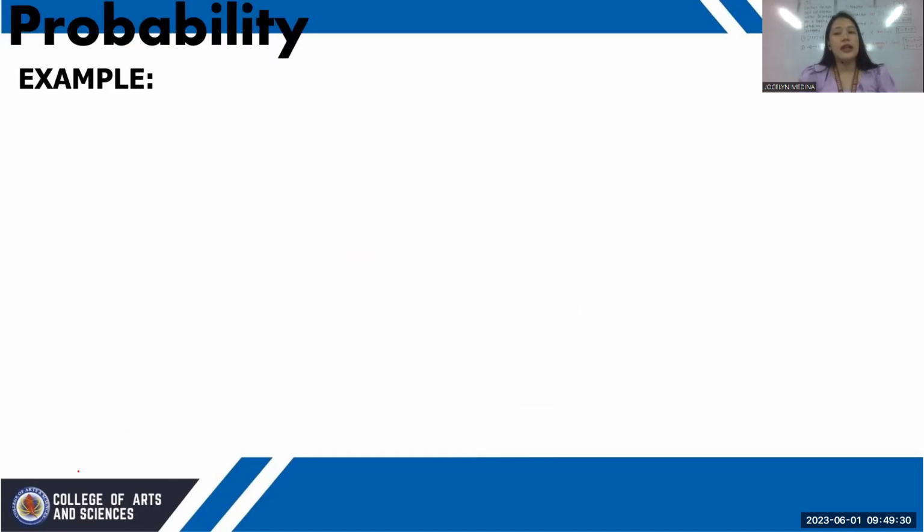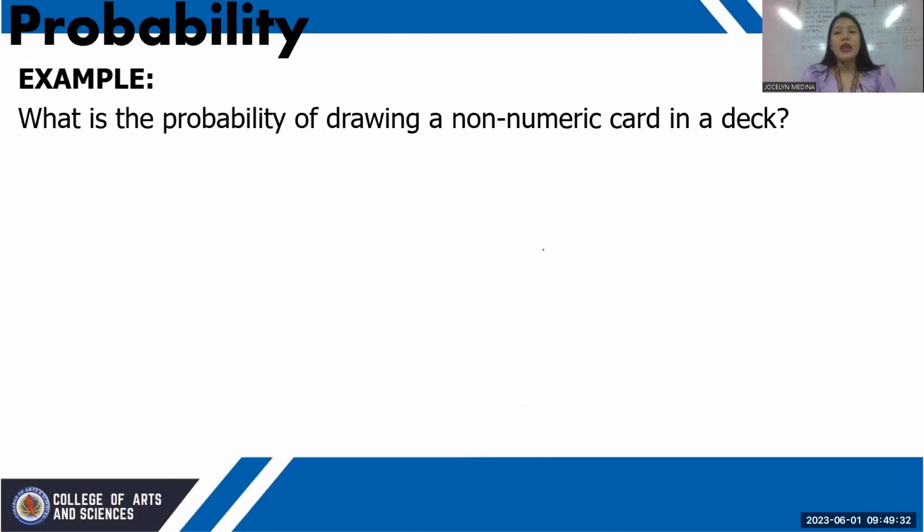Okay? Let's try another one. Paano naman kaya kapag probability of getting a non-numeric card from a deck? Una, kunin muna natin yung sample space ng tinatawag nating deck. So if you have a deck of cards, ilan ba yung ating cards na nandun?